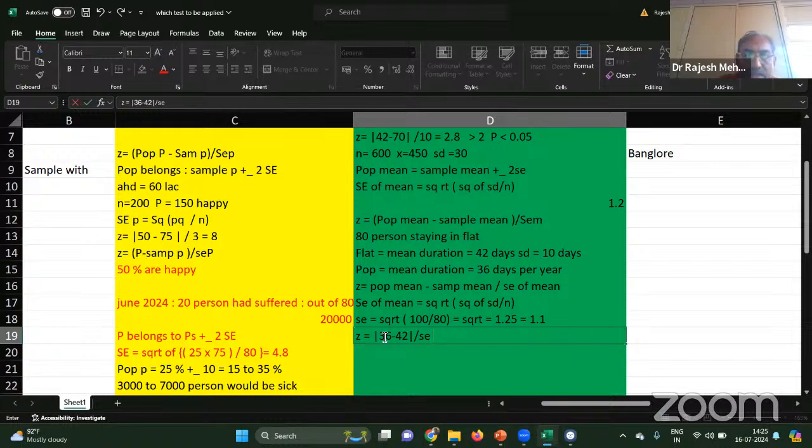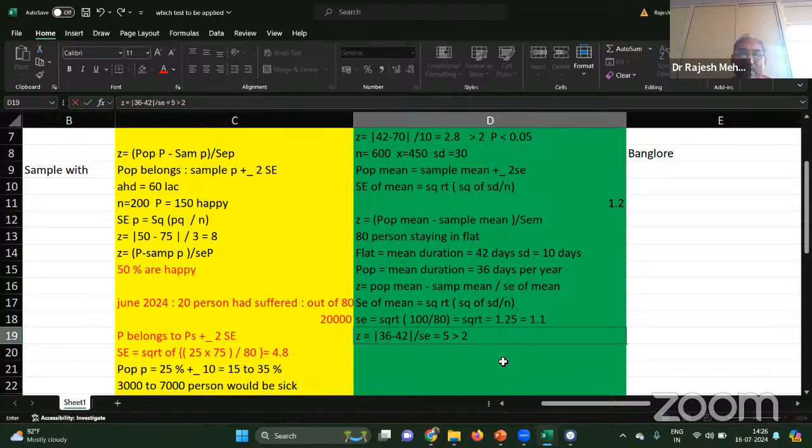So the answer will be 6 divided by 1.1, something like 5.5 or so, which means it is more than 2. So you can say that the mean duration of illness among the flat residents is much more than the population mean duration. So this is your answer.